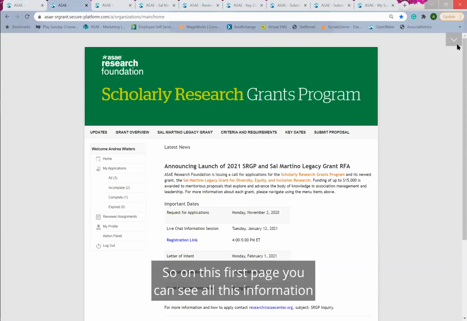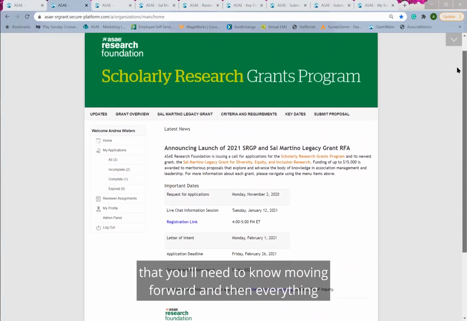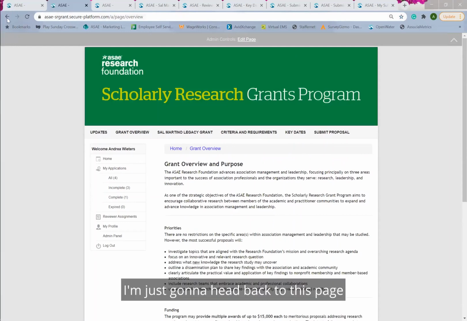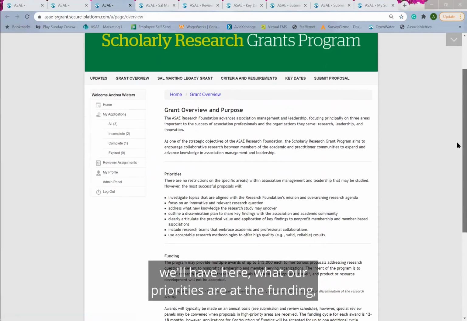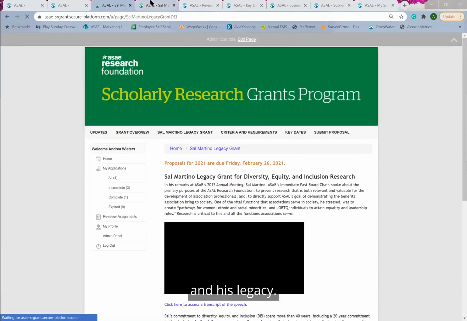On this first page, you can see all this information that you'll need to know moving forward, and everything that Gary has gone over lives on the site as well. When you move to the grant overview, we'll have here what our priorities are, the funding, award eligibility, and you can learn more about Sal Martino and his legacy.